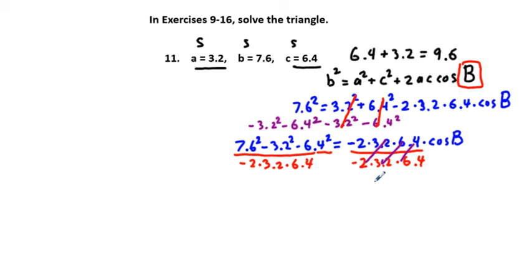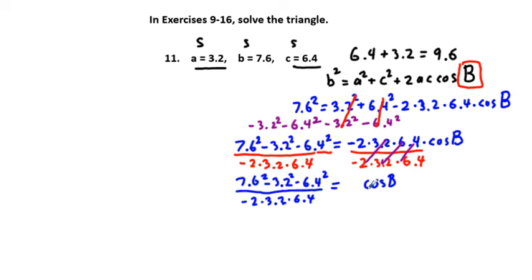So now we have cosine B is equal to all this on the left, which would be 7.6 squared minus 3.2 squared minus 6.4 squared, and all over negative 2 times 3.2 times 6.4. A lot of writing involved, isn't there?